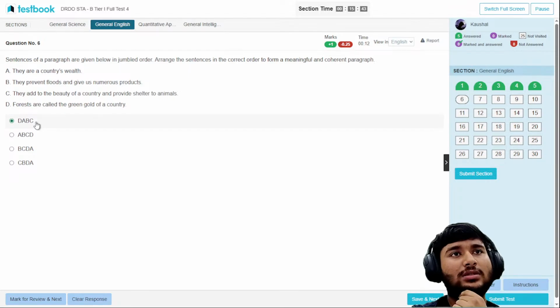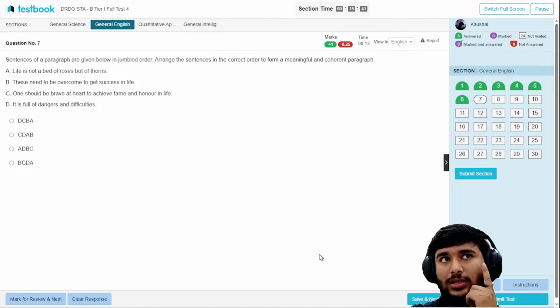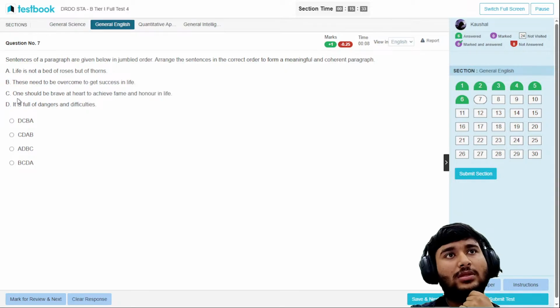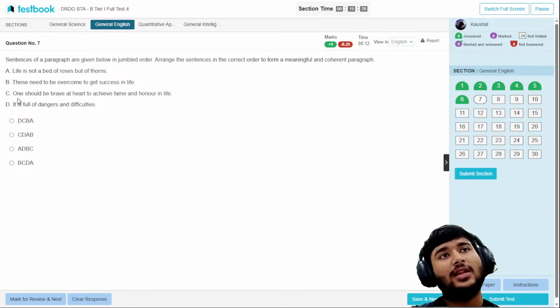They are the country's wealth. These needs to be overcome to get success in life. Life is not a bed of roses but of thorns.